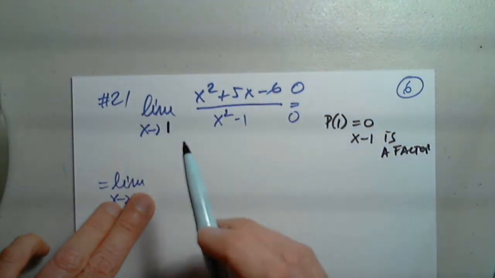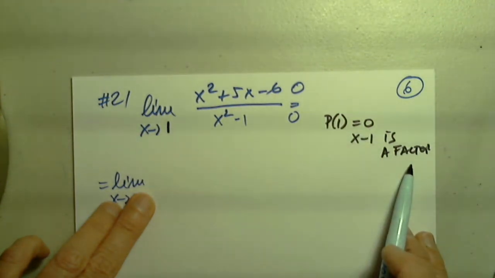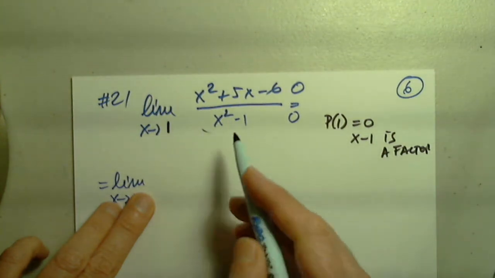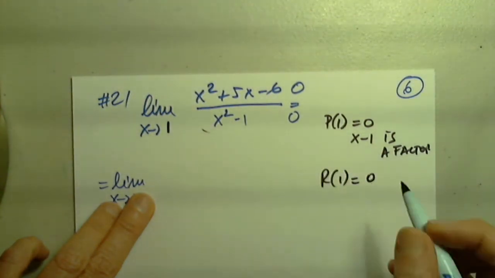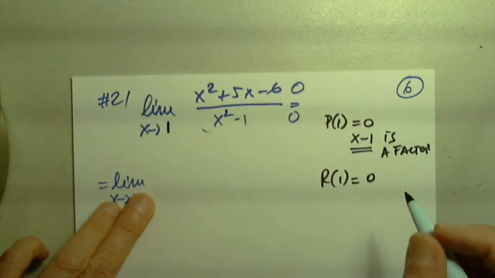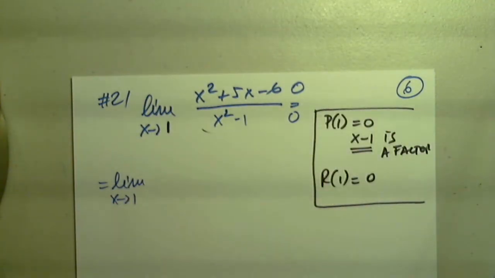Guaranteed. If I don't get 0, x minus 1 is not a factor. So if I plug in 1 in this denominator, in this polynomial, let's say r of 1 is 0, x minus 1 is a factor, guaranteed. This is the factor theorem and the remainder theorem.